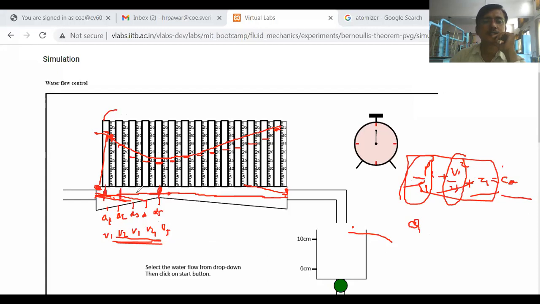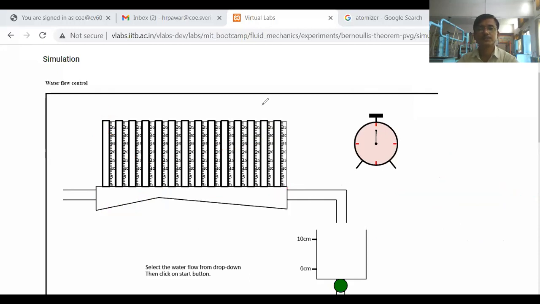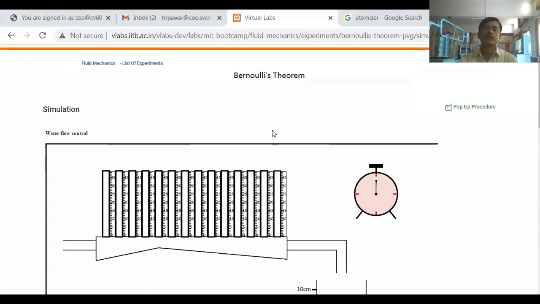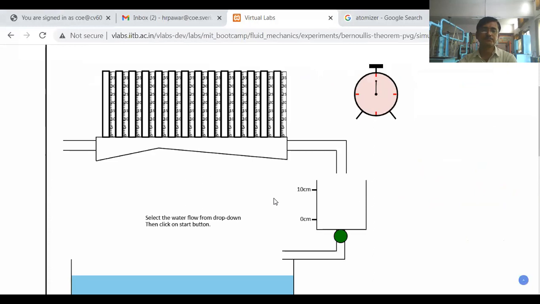For each section, we find out the total head, and we check whether total head at section 1 is equal to the total head at section 2 is equal to the total head at section 3. And if it is coming nearly same, then we can say that Bernoulli's theorem is verified. Bernoulli's theorem is proved, like that we can say.